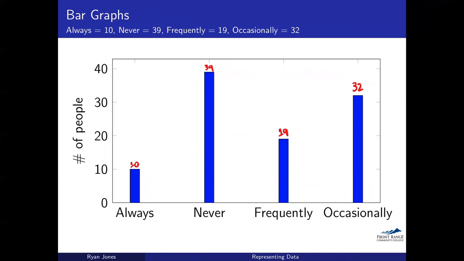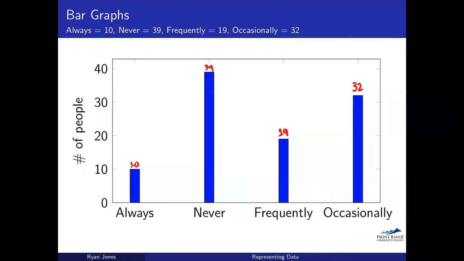You'll notice here that I wrote number of people, and so these are all my numbers. If I had written percentage of people, that might possibly change the heights of your bars. So there's bar graphs and pie charts there.